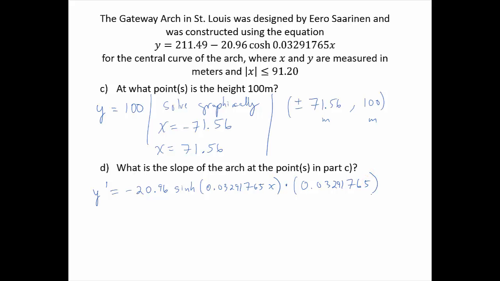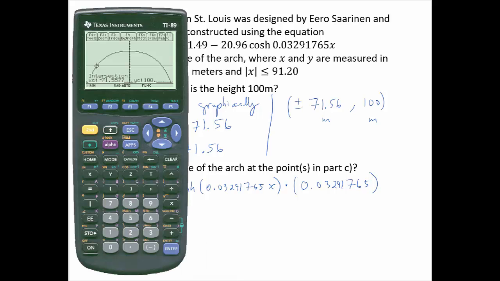Alright, so now we would calculate this. So this isn't going to be a whole lot of fun to calculate, but we can. So we'll use the home screen for this. And let's see, I would need to type in now, when x is 70, let's go with the negative 71.56 first.